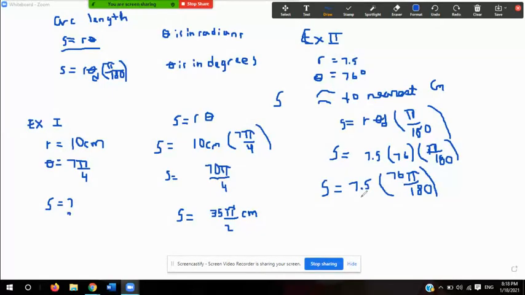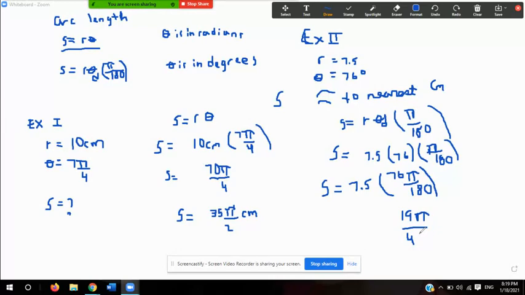Or we can divide 76 by 4, or by 2, but I used 4, and that would be 19 pi over 45. And I believe that we cannot simplify that anymore.